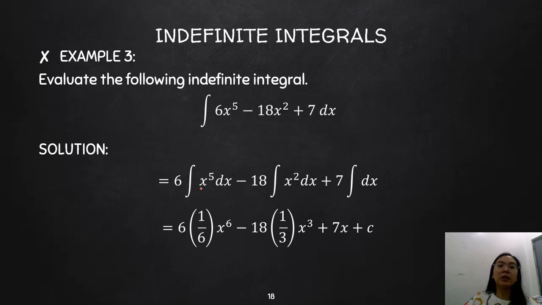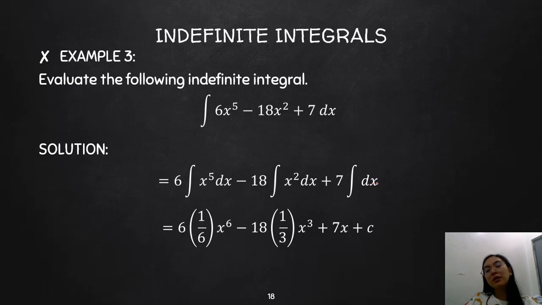Tapos again, you get the integral of each function. So, x raised to 5, alam mo na galing yan sa x raised to 6. And you have to get rid of the constant, so you multiply it by 1/6. Minus 18, and of course, the integral of x squared, as you know, is 1/3 x cubed plus 7.